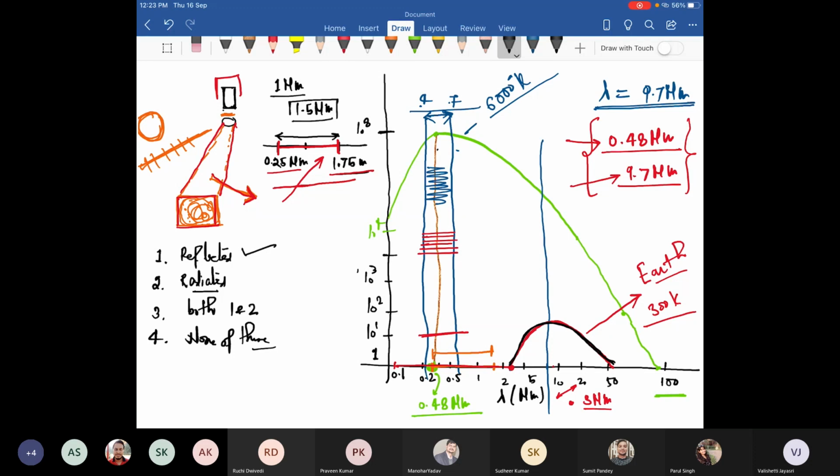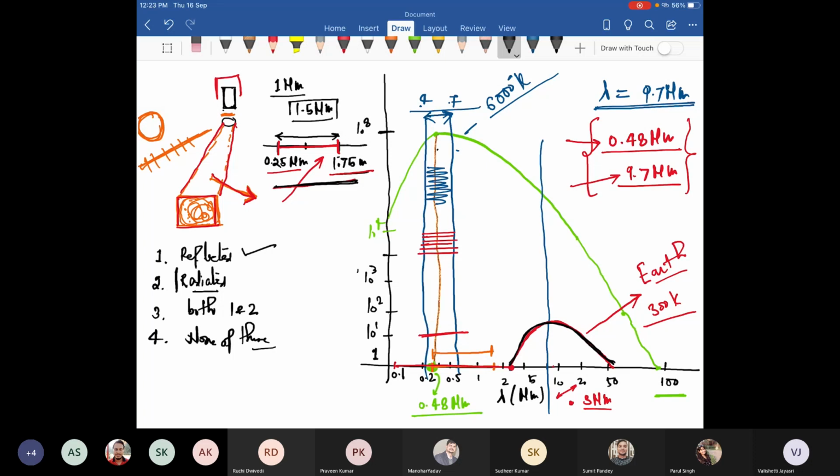The sensor is designed within 0.25 micrometer to 1.75 micrometer. What does this mean? It means the sensor only allows energy to be sensed within this spectrum, 0.25 to 1.75 micrometer.